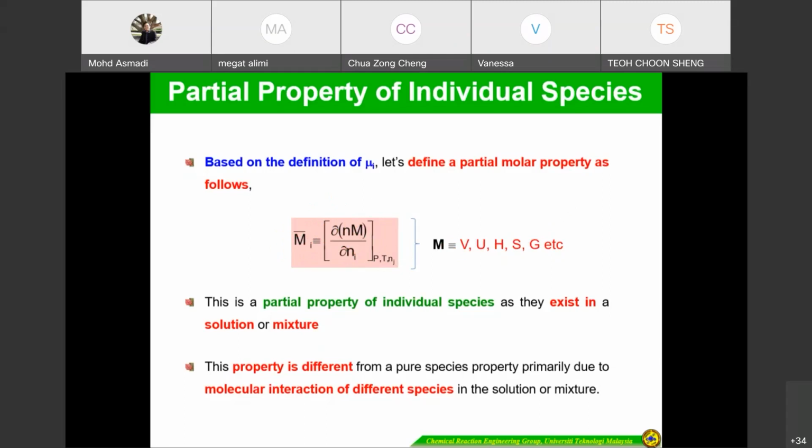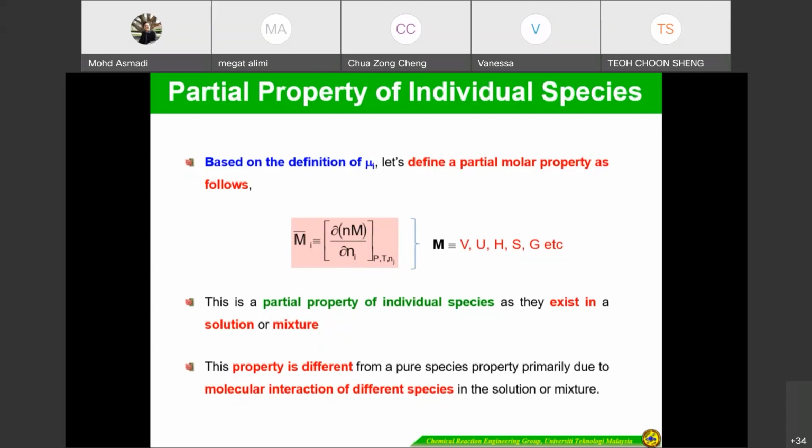So you have to remember that the properties are different from the pure species. Because once you mix, the properties are going to be different, since there is going to be interaction, especially at high pressure or temperature: intermolecular attraction and repulsion.